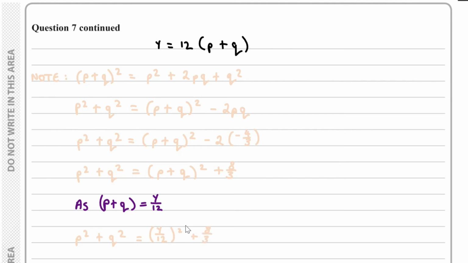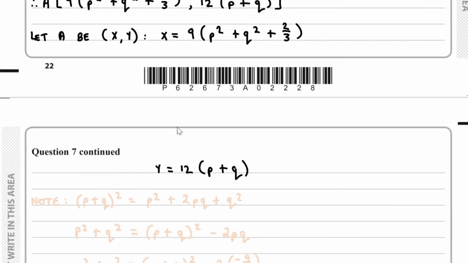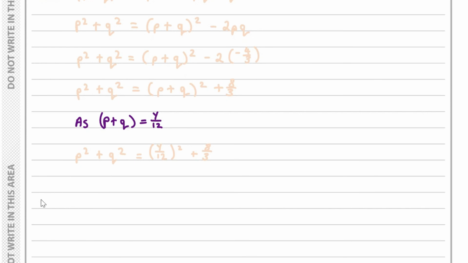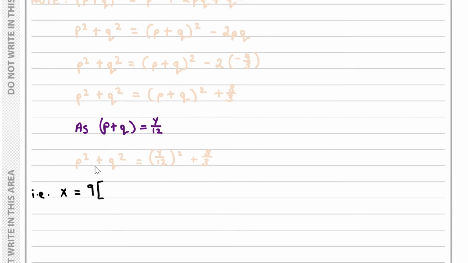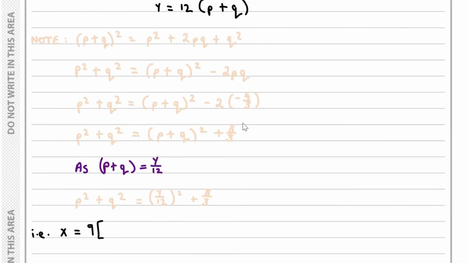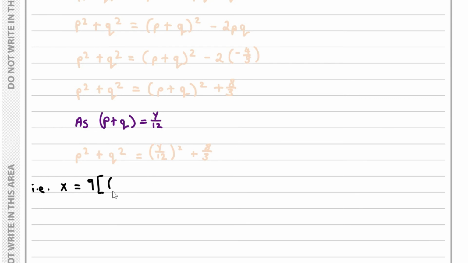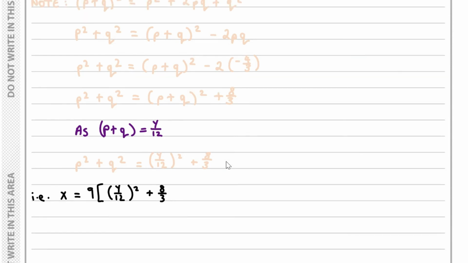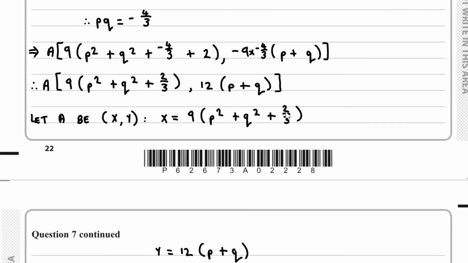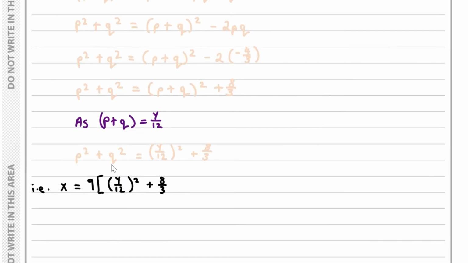So this over here is what p² + q² is, and what we can now do is substitute that into here. So therefore, x, which is equal to 9 lots of p² + q², which we've just said is (y/12)² + 8/3, and then we've got the extra 2/3.